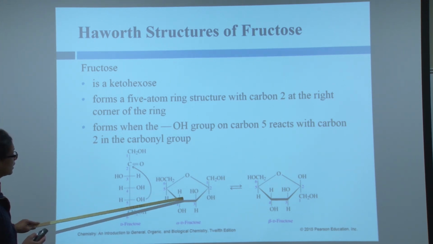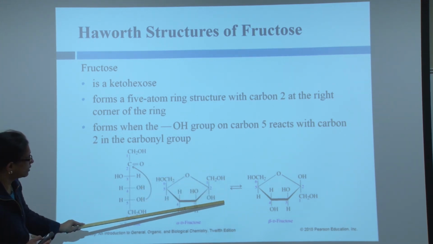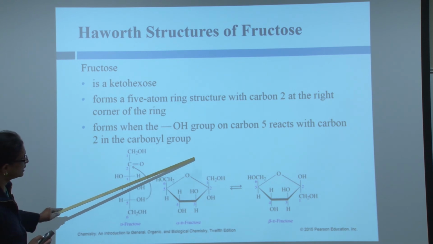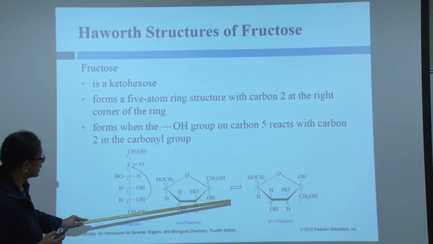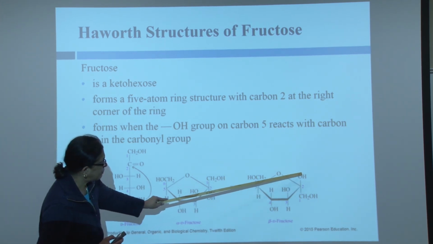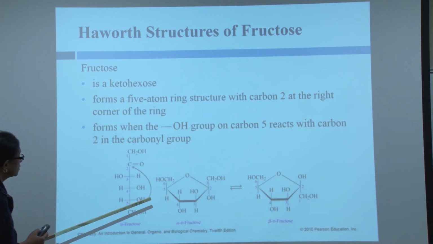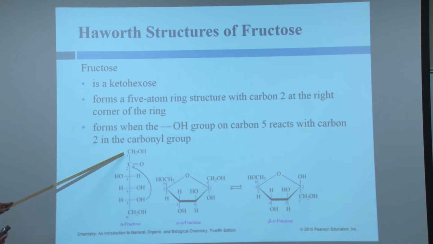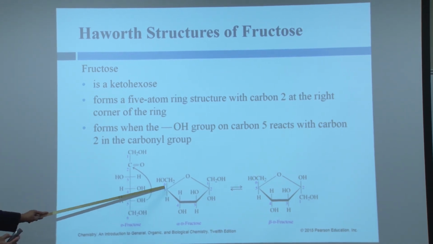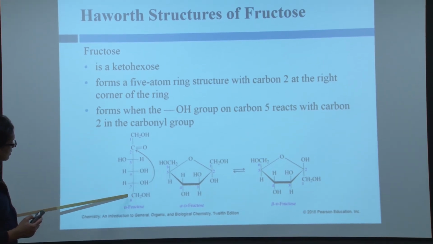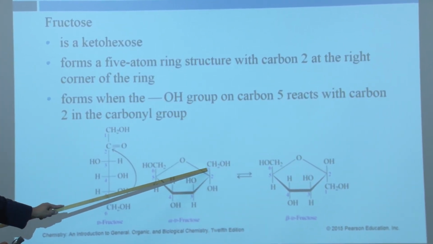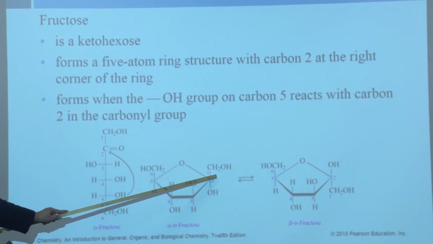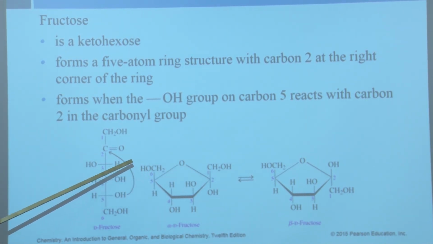Okay. So this is your alpha D-fructose. This is your alpha below the ring. There is your beta above the ring. So here the two CH2OH are lined up. This is the CH2OH here, and this is the CH2OH here. There are two CH2OH in fructose.